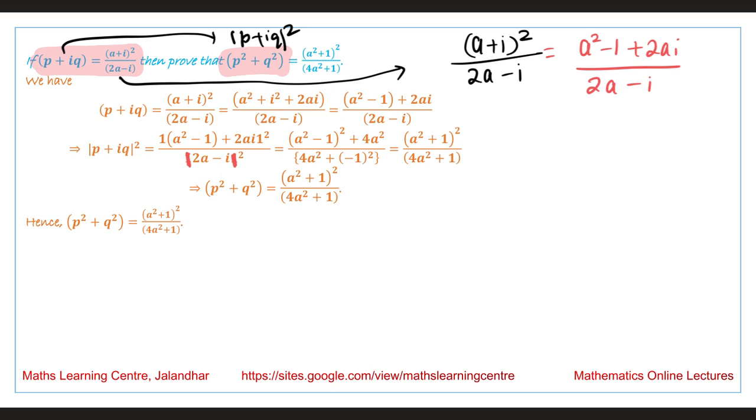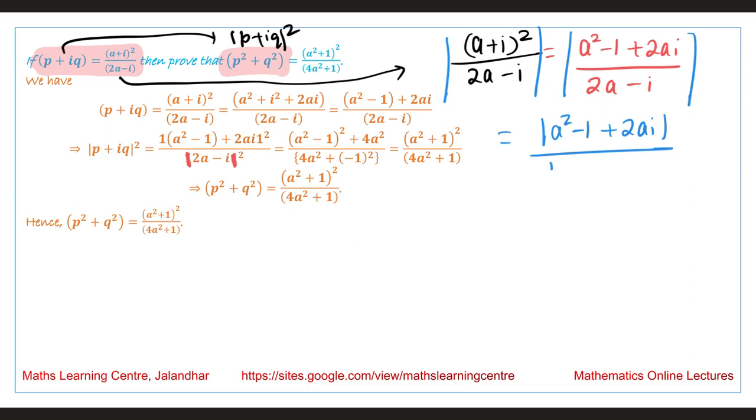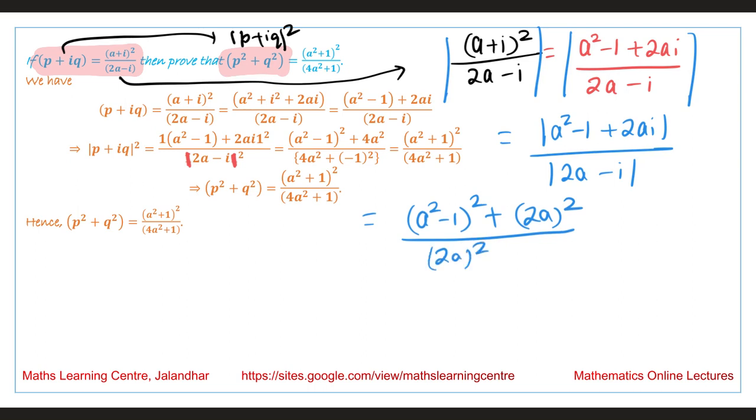Now the next step is to take the mod of this term. That will be equal to mod of a square minus 1 plus 2a iota divided by mod of 2a minus iota. So it is equal to a square minus 1 whole square plus 2a square divided by 2a square plus 1.